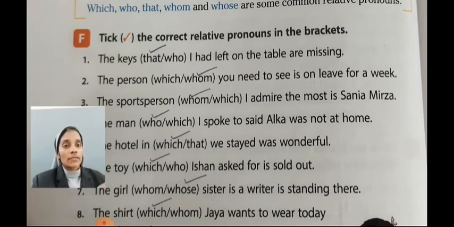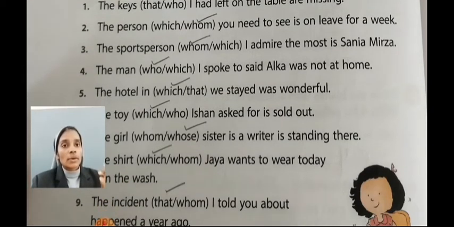Here we used whom because the noun is a person. Next one, the sports person whom I admire the most is Sania Mirza. Next, the man who I spoke to said Alka was not at home.